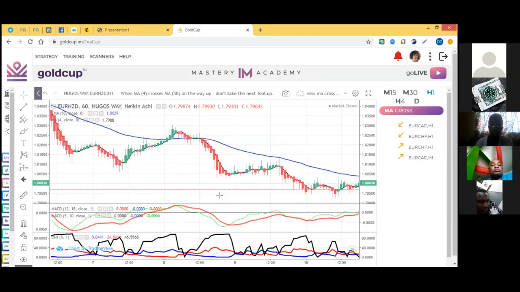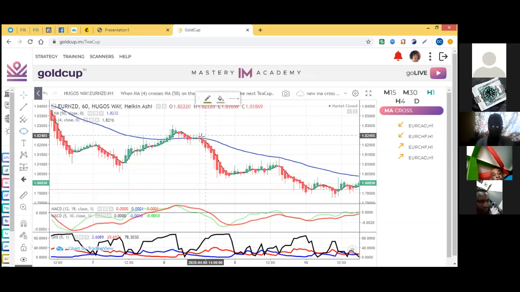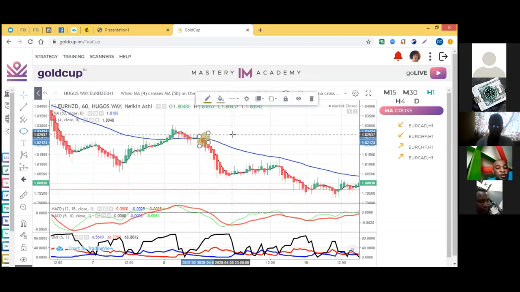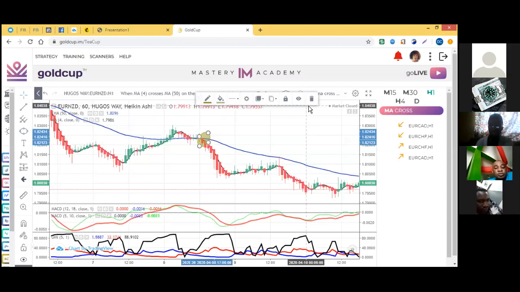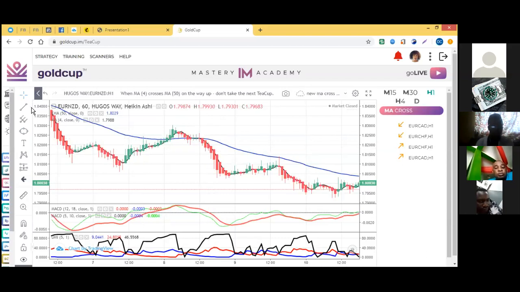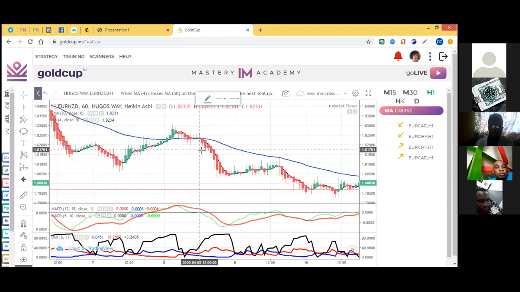And if we look at the chart we have here, right here at this point, guys, we have our MA crossing the way up, the way down, right here. We have it crossing the way down at that point right there. All right, just like our leader did with the OZA strategy, you come and pick your vertical line, guys, and then you put it at the point where it is crossing.